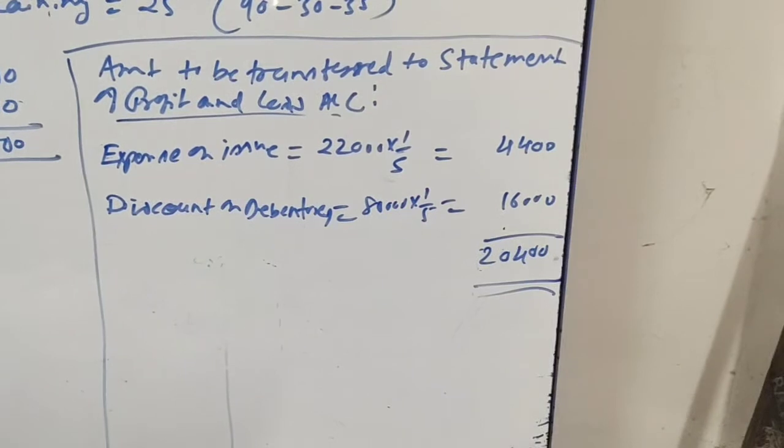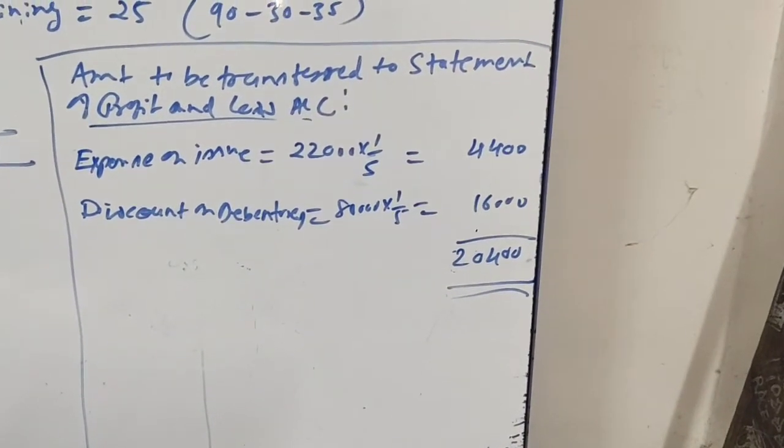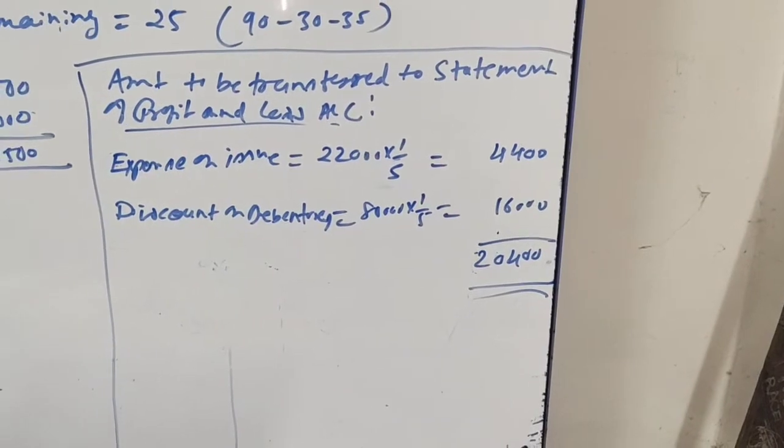This 20,400 is the total amount to be transferred to statement of profit and loss account of the current year.